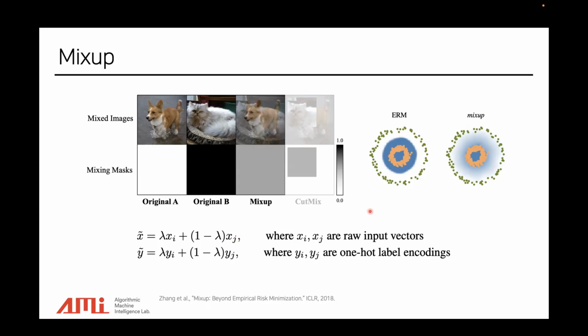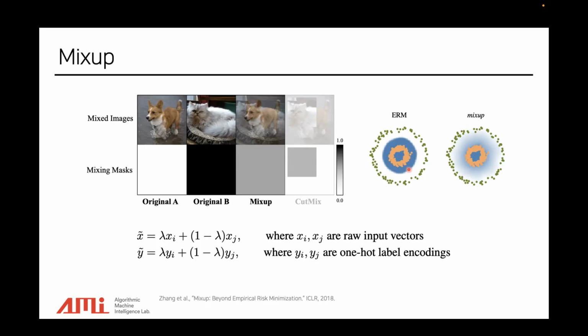And this Mixup method has a very smooth decision boundary compared to the standard method, ERM, empirical risk minimization. The orange and green dots represent the data points in each class, and the blue region represents the decision boundary.